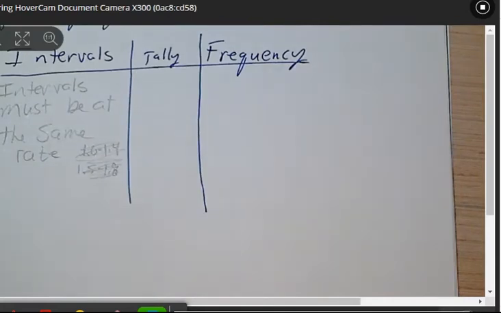Okay, so that's the first one they give you, the group frequency distribution. The second one that they do is a stem and leaf plot.